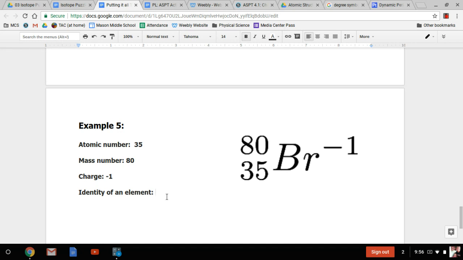And then the identity of this element is bromine. And once again, looking at bromine, the atomic mass of bromine on my periodic table is 79.90. So the mass number for my most common isotope is 80, which means this is my most common isotope.